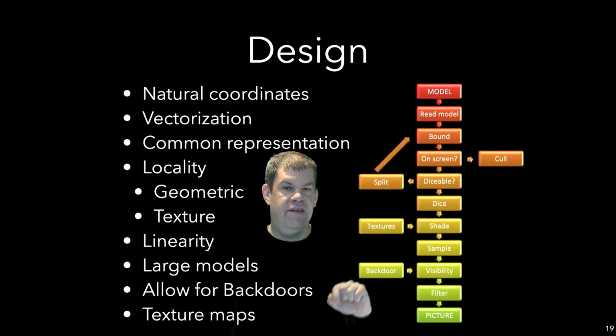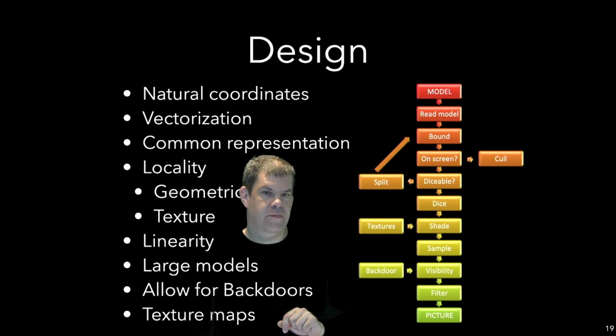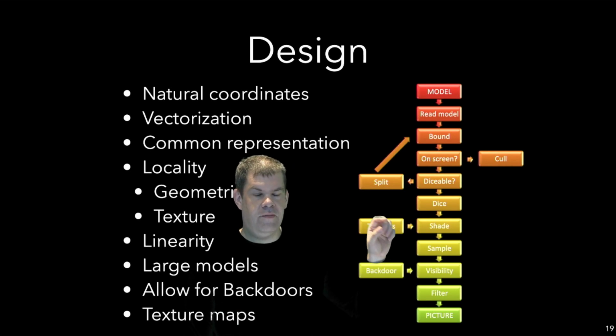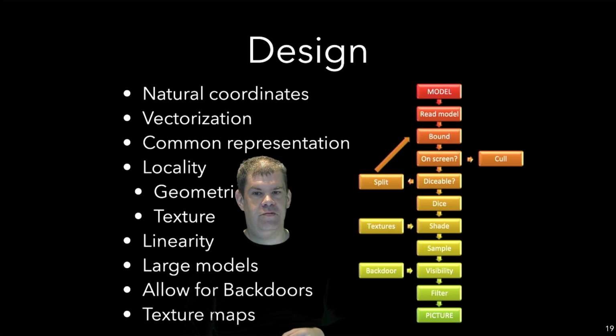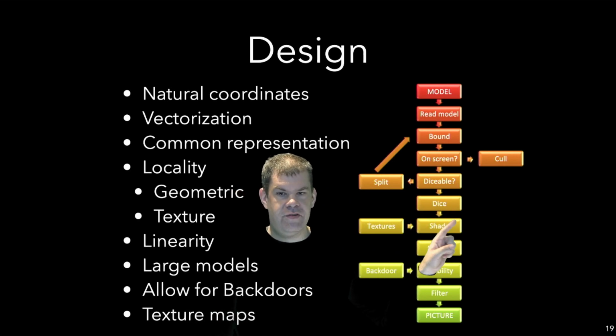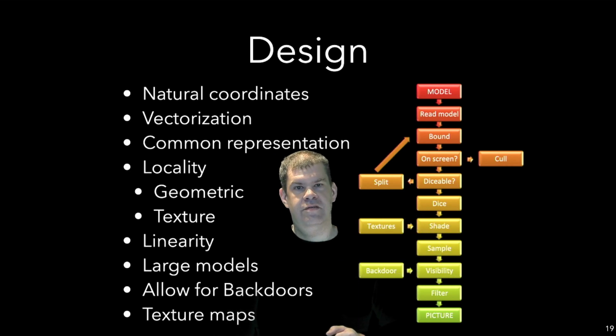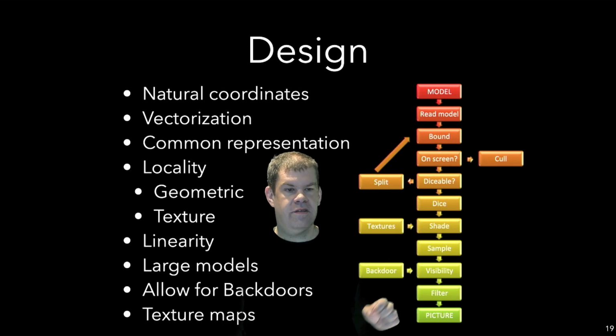What's called dice here, that's pretty much the rasterizer. Dicing means splitting things up into small dices, which is pretty much what the rasterizer does. Then we have shading using textures, sampling, which is basically a fancy word for the pixel shader stage.